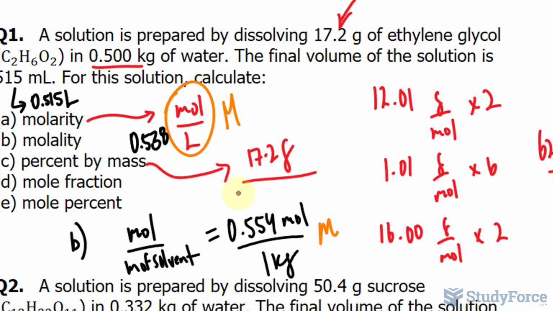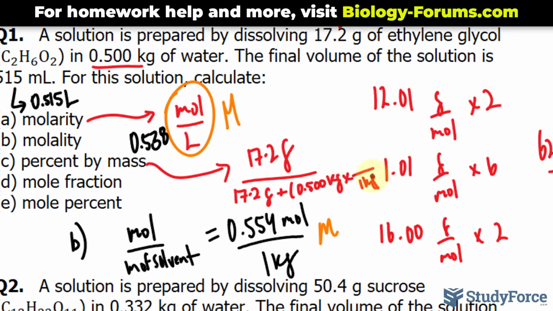So let me show that. 17.2 grams. We need to convert this into grams as well. Plus 0.500 kilograms converted into grams using this conversion. 1 kilogram at the bottom and 1,000 grams at the top.